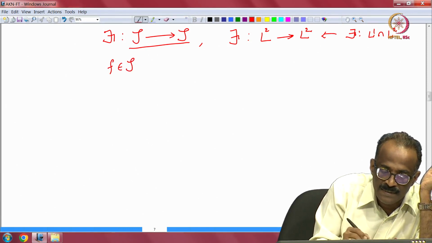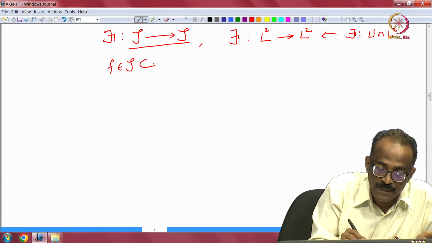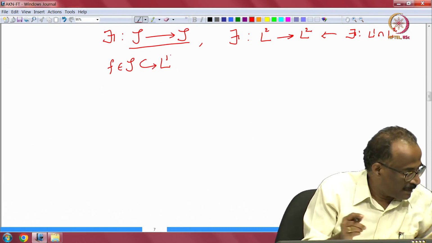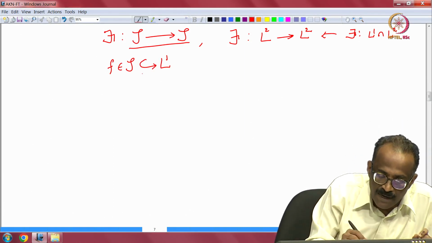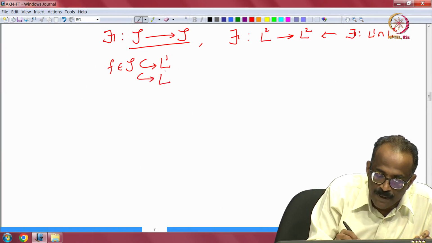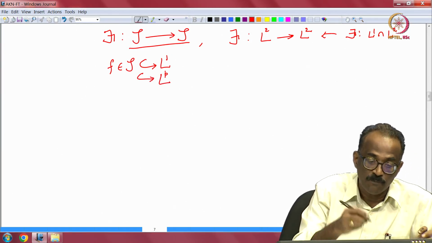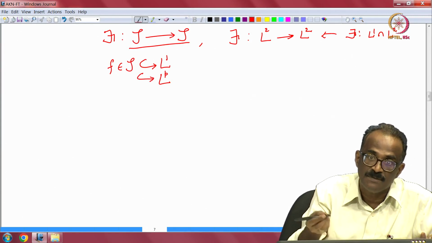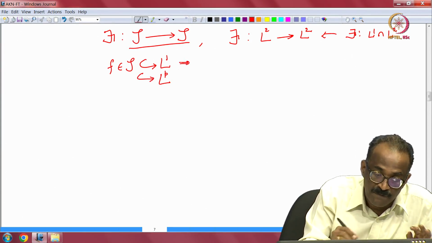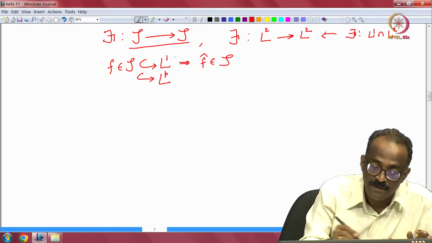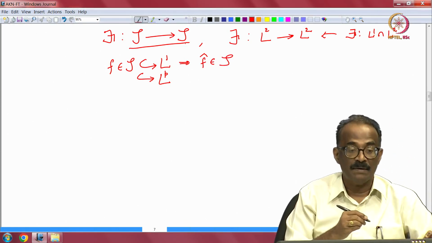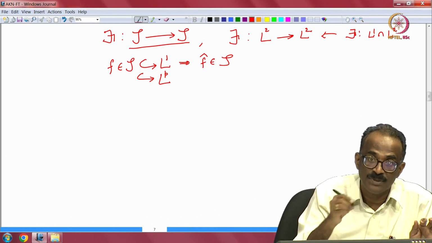Zeta is always in L1, and I will give you an example soon; in fact, you are going to see that it is in Lp. So, the natural Fourier transform is defined, but if f is in zeta, you will actually get f hat also in zeta. So, the Fourier transform maps zeta to zeta.